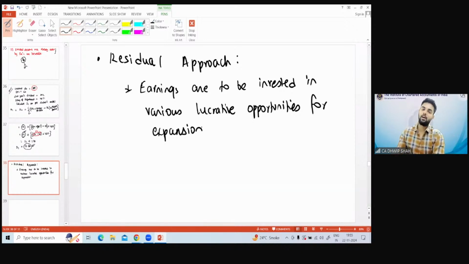So first priority, you use that earnings for expansion purpose, for growth purpose. And even after investing, if you have surplus left, then distribute the dividend.